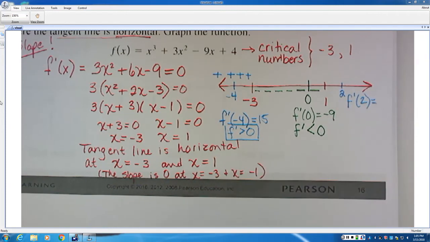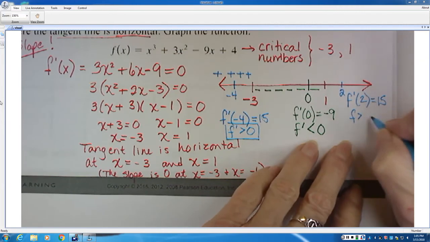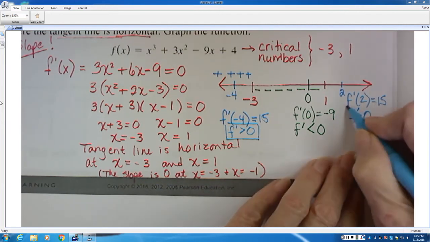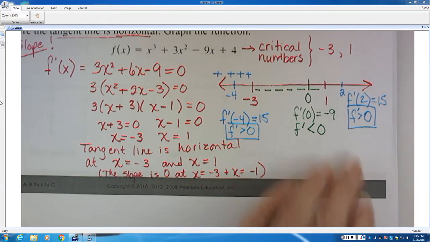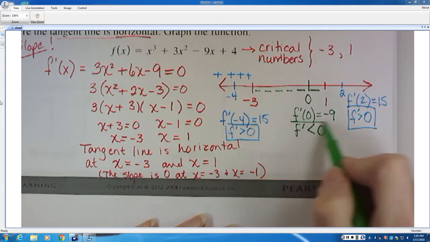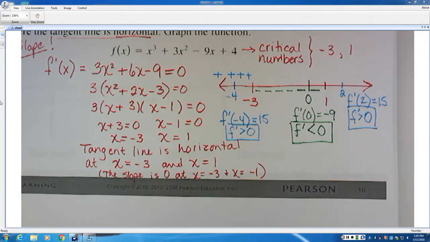What is f prime of 2? 15. But the big point is not that the value was particularly 15, the idea was that it was positive. Just like here, the idea wasn't the actual value, it was the fact that the value was negative.